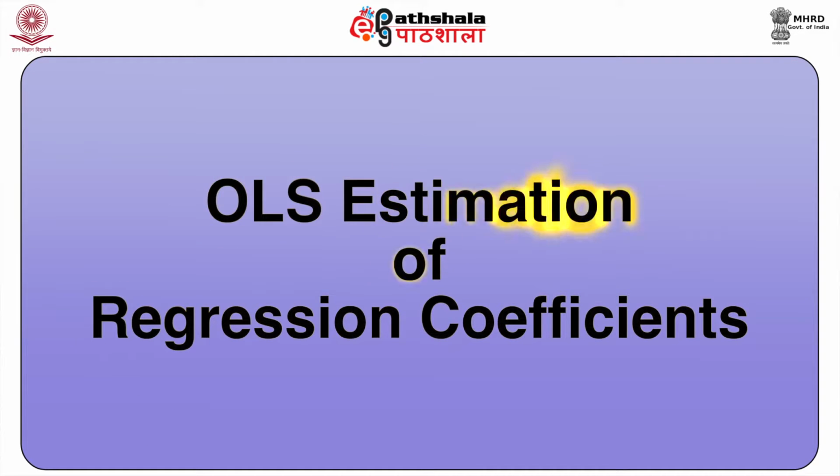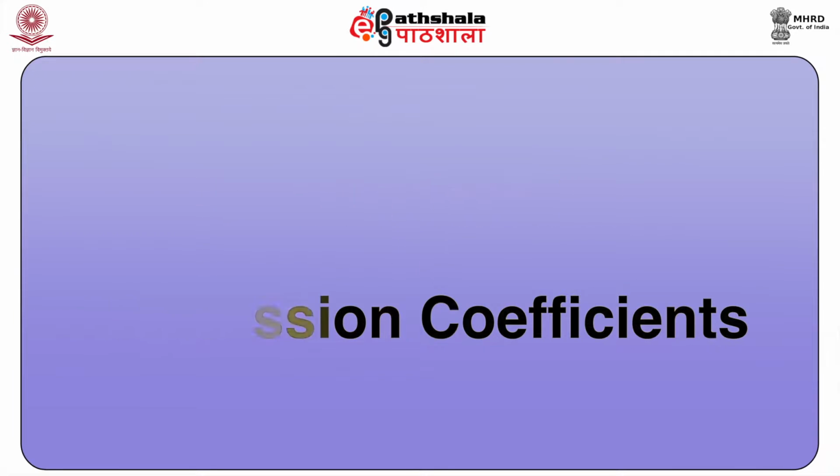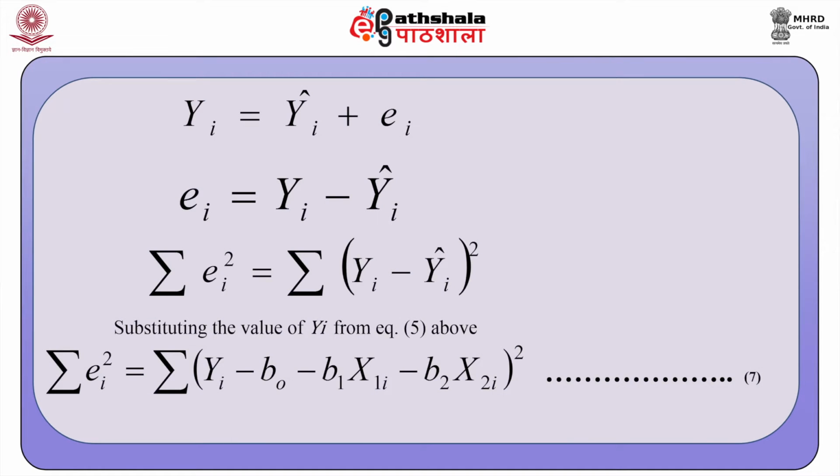OLS estimation of regression coefficients. In the ordinary least square method, we try to minimize the sum of the squares of the residuals. As we already know from equation 6, yi is equal to yi cap plus ei, that is, ei is equal to yi minus yi cap.